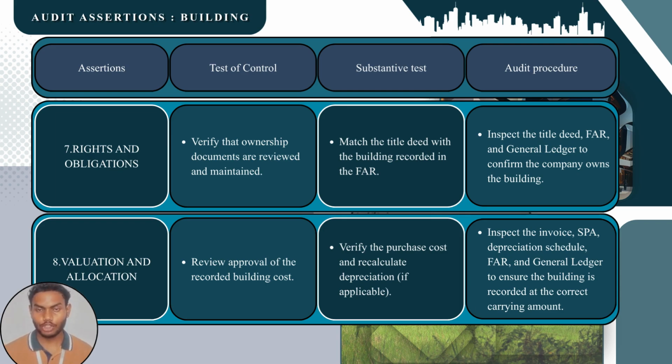For the test of control, the auditor is required to review approval of the recorded building cost. And for the substantive test, the auditor verifies the purchases and recalculates depreciation if it is applicable.